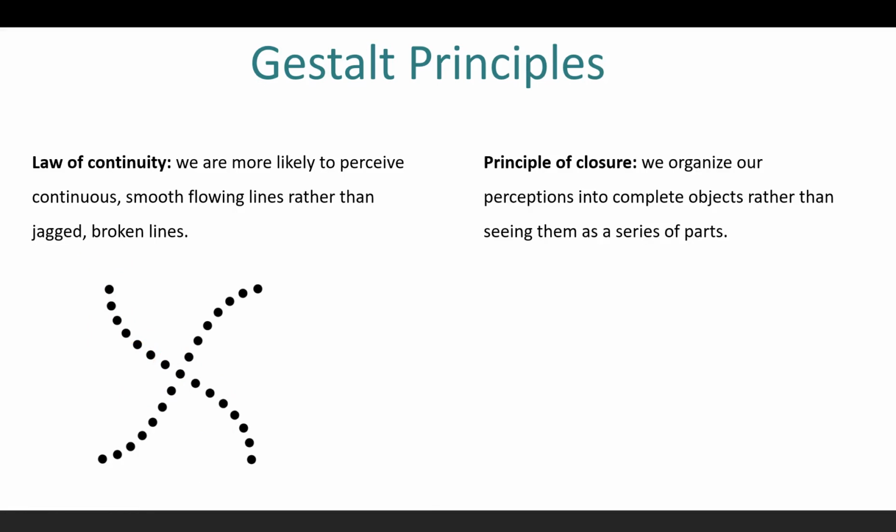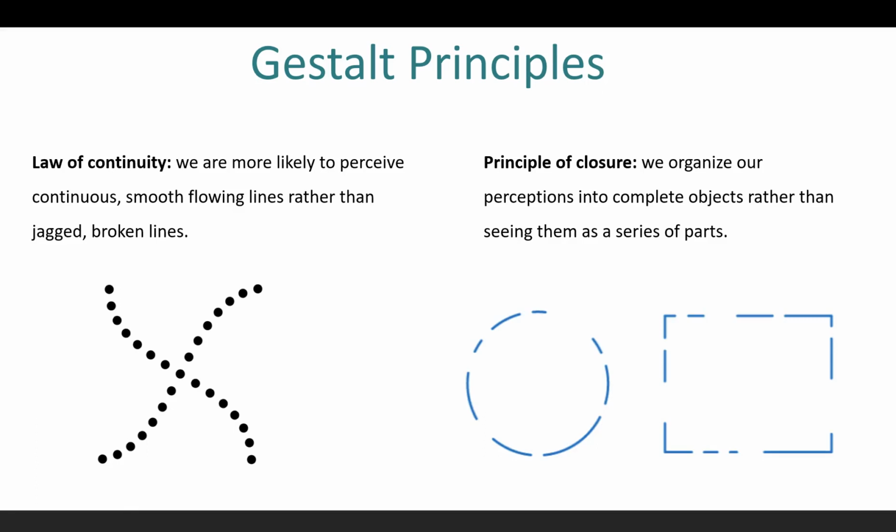And similarly, with the principle of closure, we organize our perceptions into complete objects rather than seeing them as a series of individual parts. For example, you might see a circle and a square here, or a rectangle.